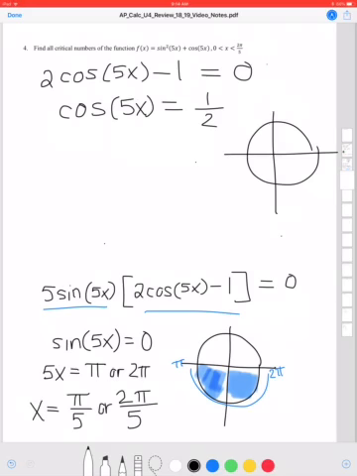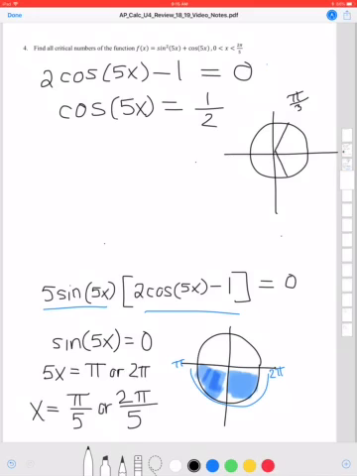Alright, so now we're interested in where on the unit circle the cosine is 1/2. Cosine is going to be 1/2 when the x value is 1/2. And that is going to be at the upper and lower little triangles there.